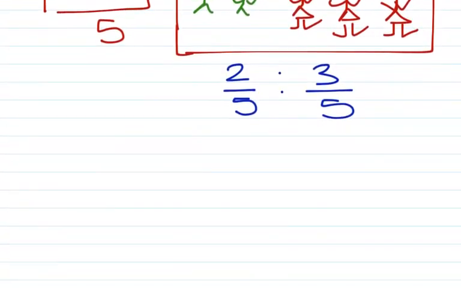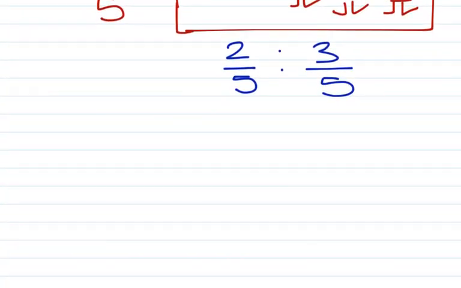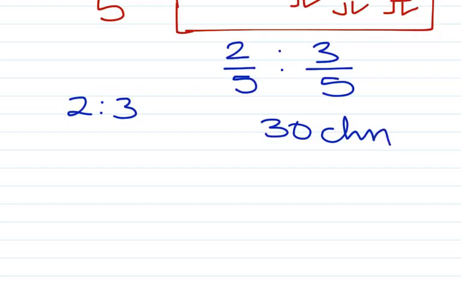Now, as a trick of a question, let's keep the same ratio. So we have a ratio of 2 to 3, and in this particular classroom we have together 30 children. And you might be asked the question, how many of those children are boys and how many are girls?